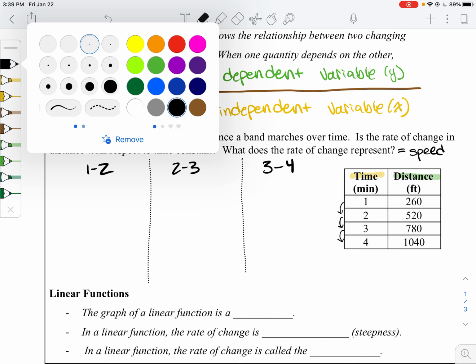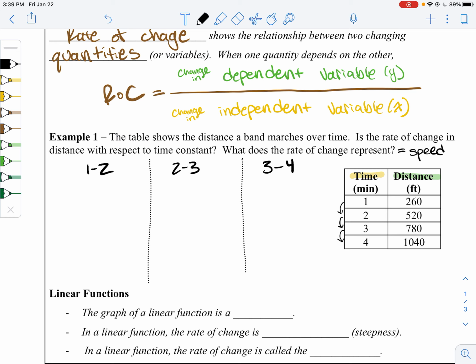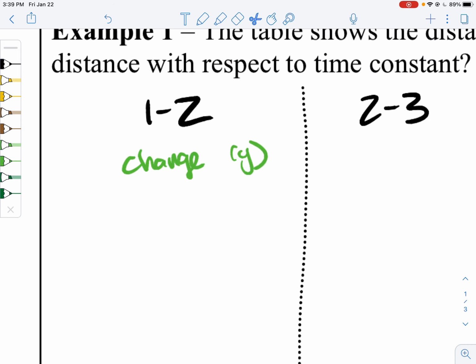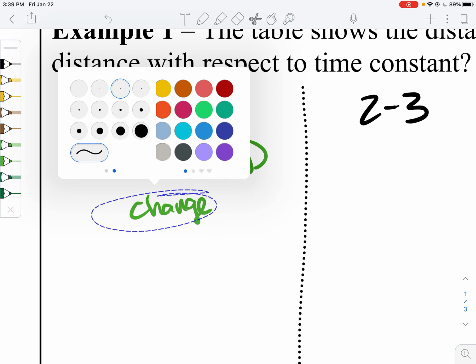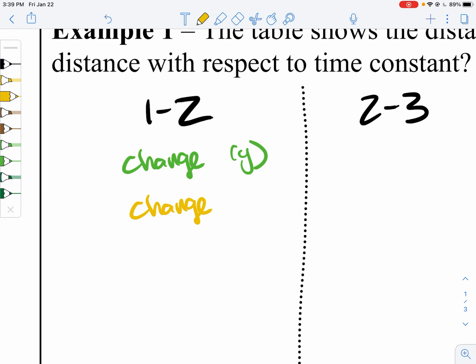Our first section is looking at the first minute to the second minute. So we want to figure out what is the change in distance, the change in y, compared to the change in x. And that's going to be our rate of change.